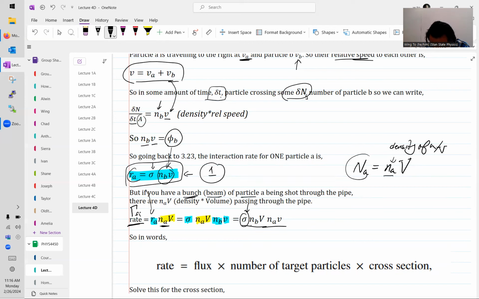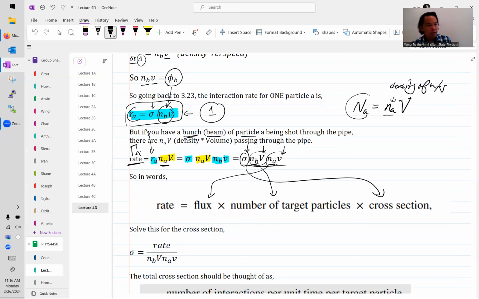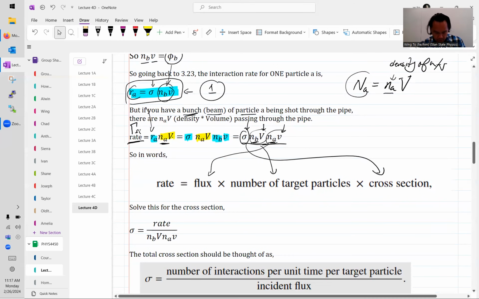And it's the number density of particle B, number density of particle A, times some volume, times the speed at which they are crossing each other. So the rate is kind of like the number of target particles, and this part is the flux, this part is the cross-section. I really love that he switched all the orders when he wrote these equations. So what we can do is solve this equation for sigma.